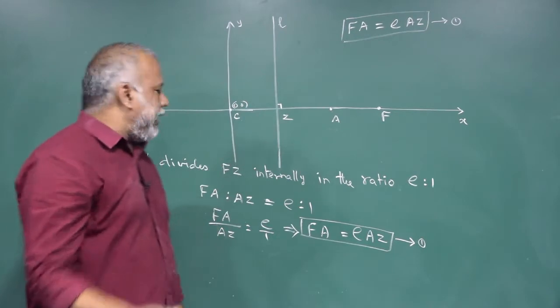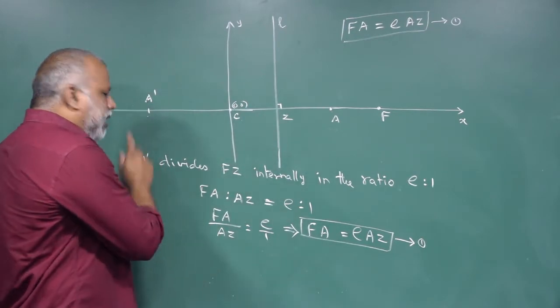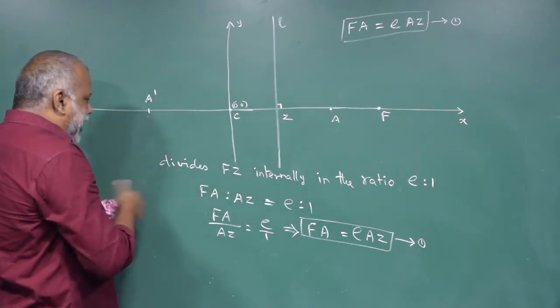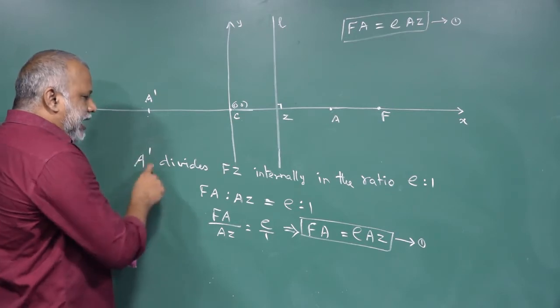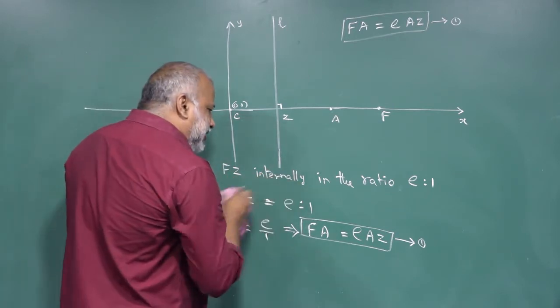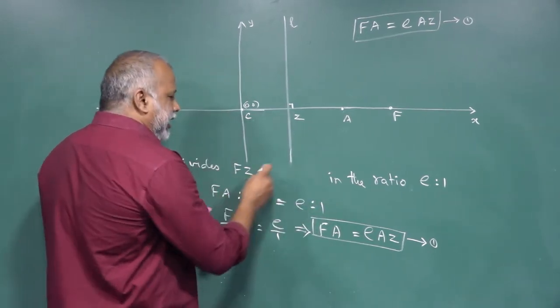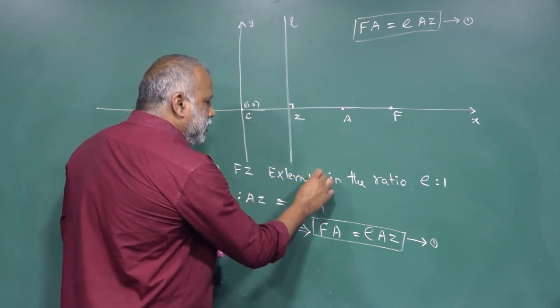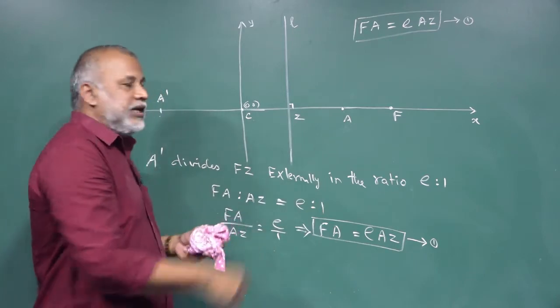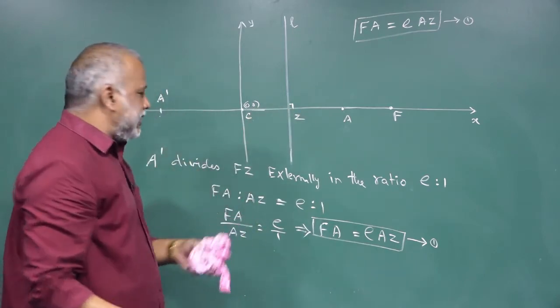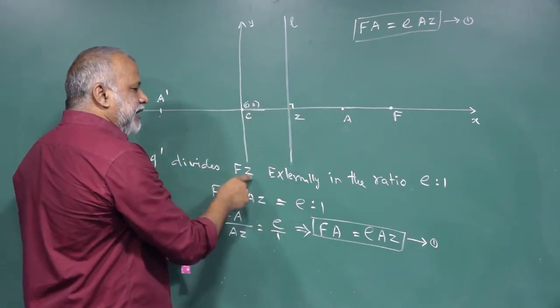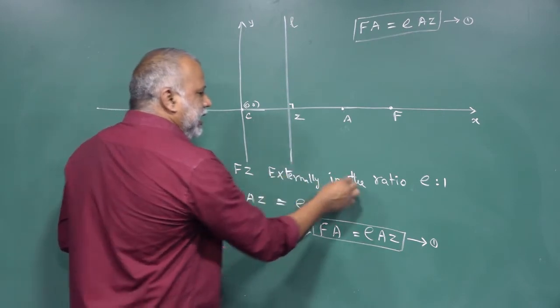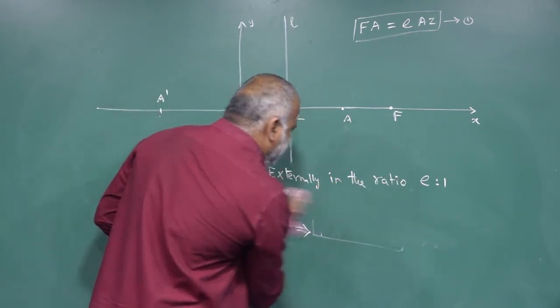Now, in the same way, instead of A, I am taking A dash. Instead of the word internally, take the word externally. So here A divides internally, A dash divides externally. A dash divides FZ externally in the ratio e is to 1.